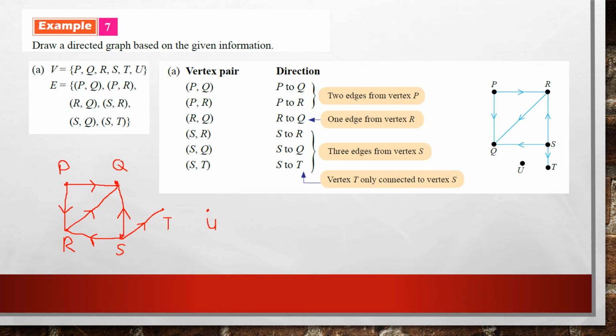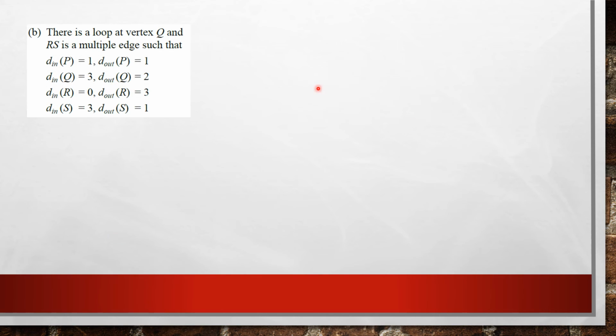U is not connected, but don't forget to draw the vertex U. Must draw. So this is the example of the graph. You draw the vertices first, then only draw the edges according to the given information.